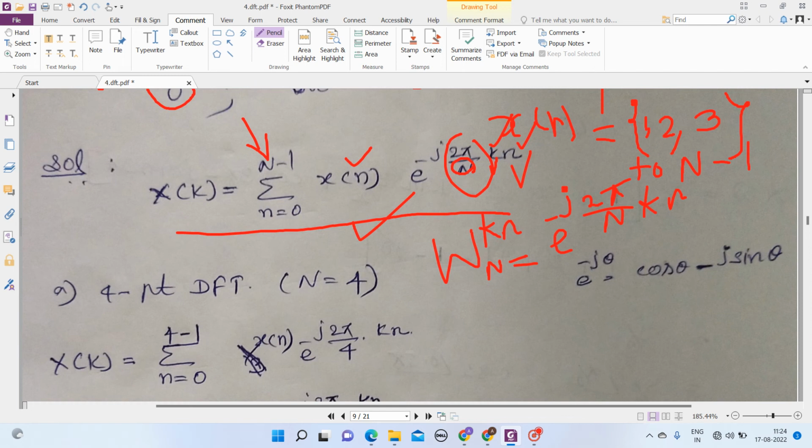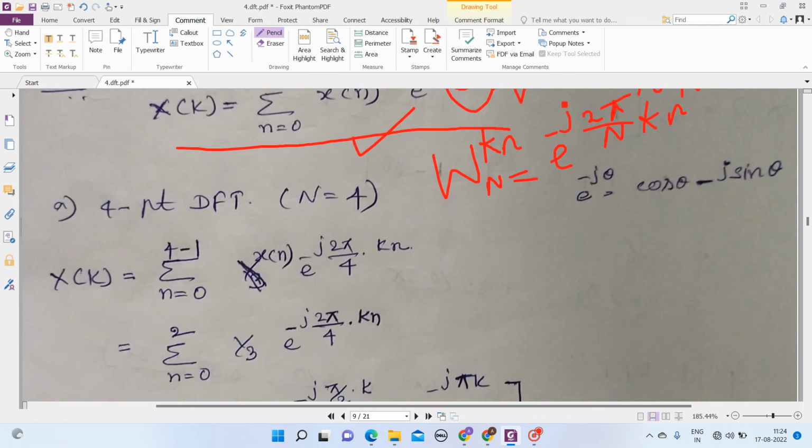Now we are going to discuss the 4-point DFT. Capital N is equal to 4. So x of k is equal to the summation of small n equals 0 to capital N minus 1 of x of n e to the power of minus j 2 pi by N into kn.